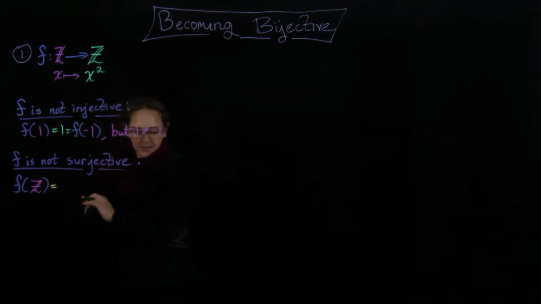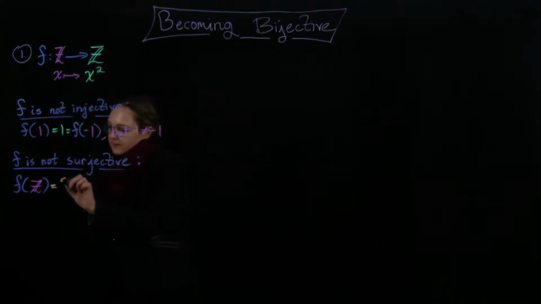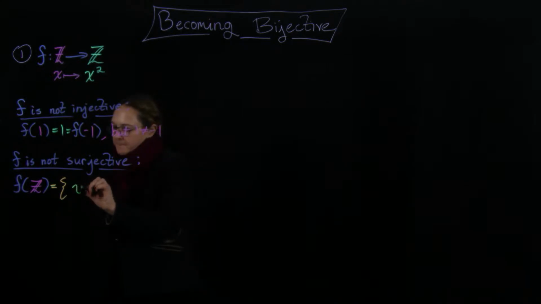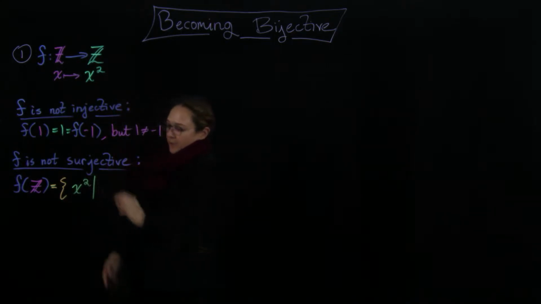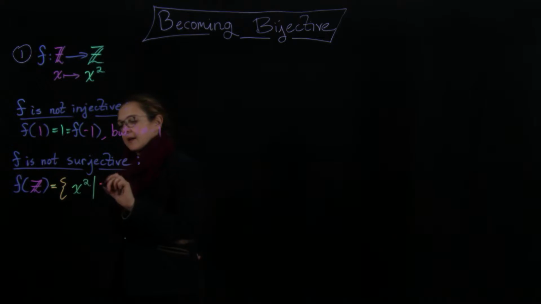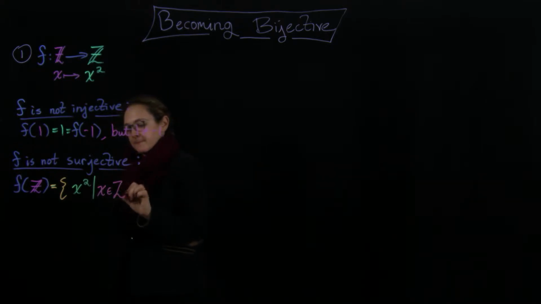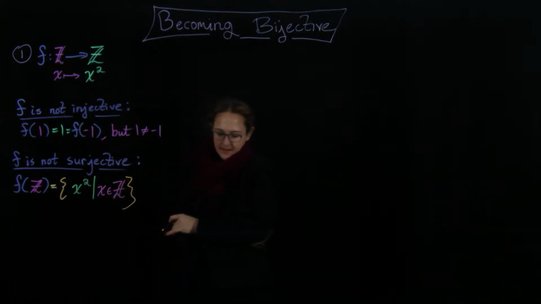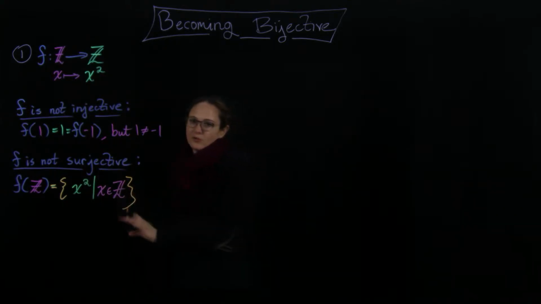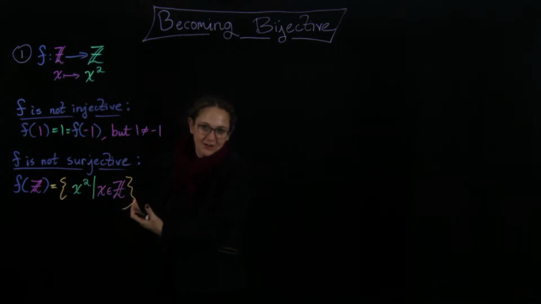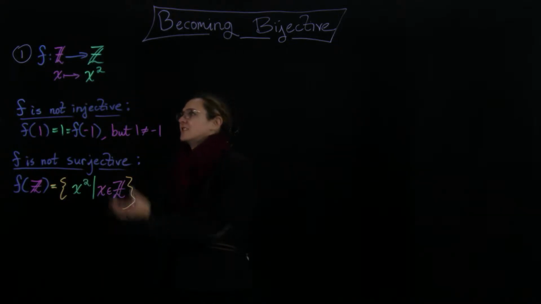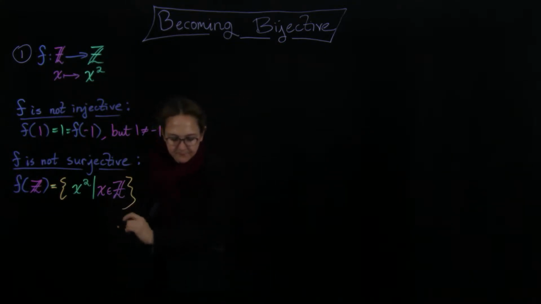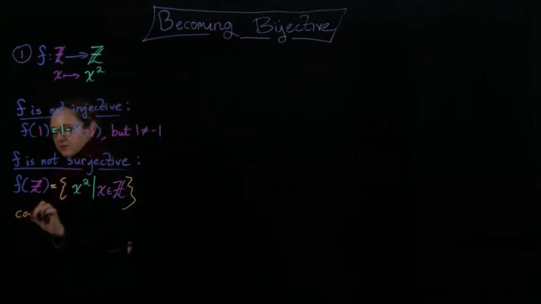So this is the set of all x squared such that x is in my domain. But this only contains non-negative integers, so it doesn't hit all of the codomain.